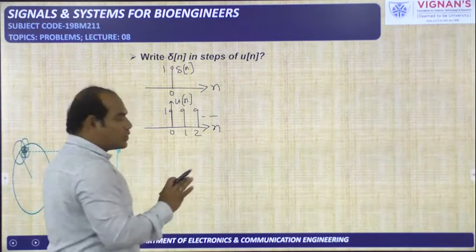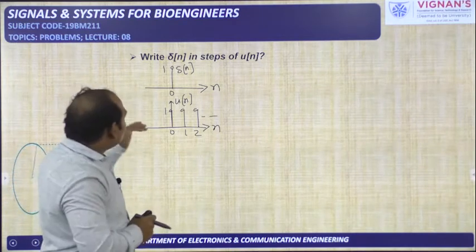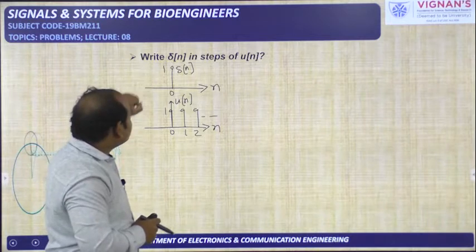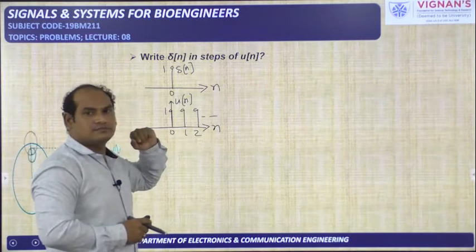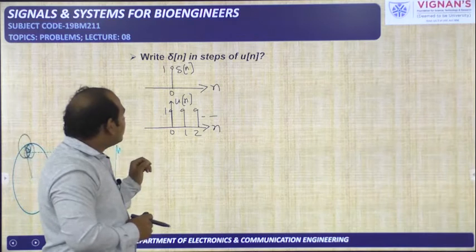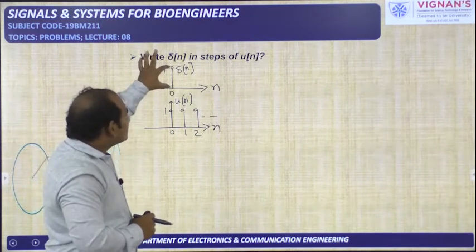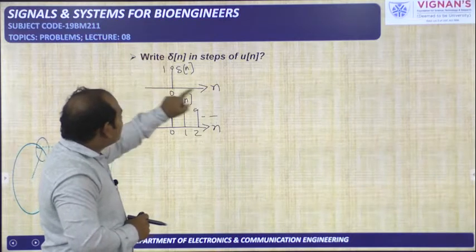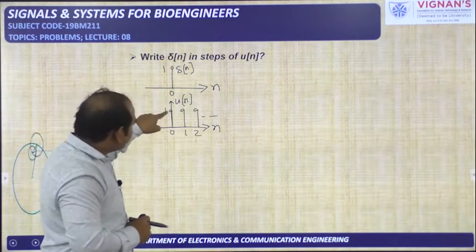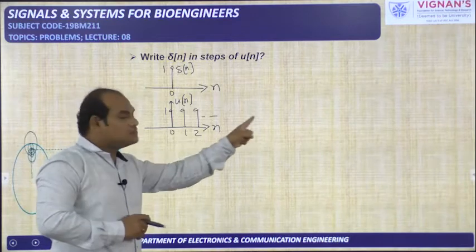Now simply think how to get this del of n from this u of n. U of n actually has the del of n in it. The del of n is nothing but one sample with amplitude 1 at n equal to 0. That is there here. So all these other things should be removed.